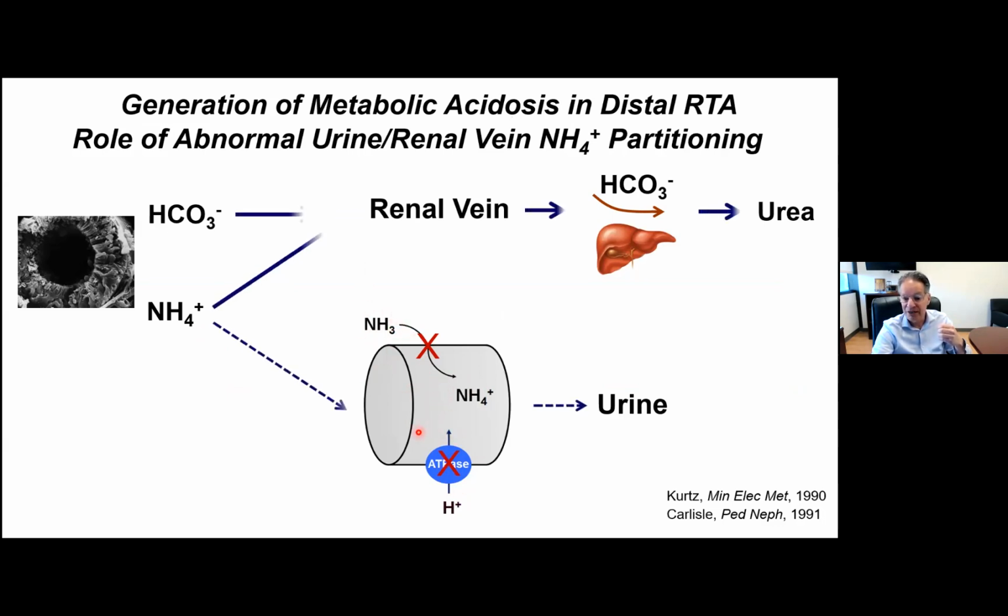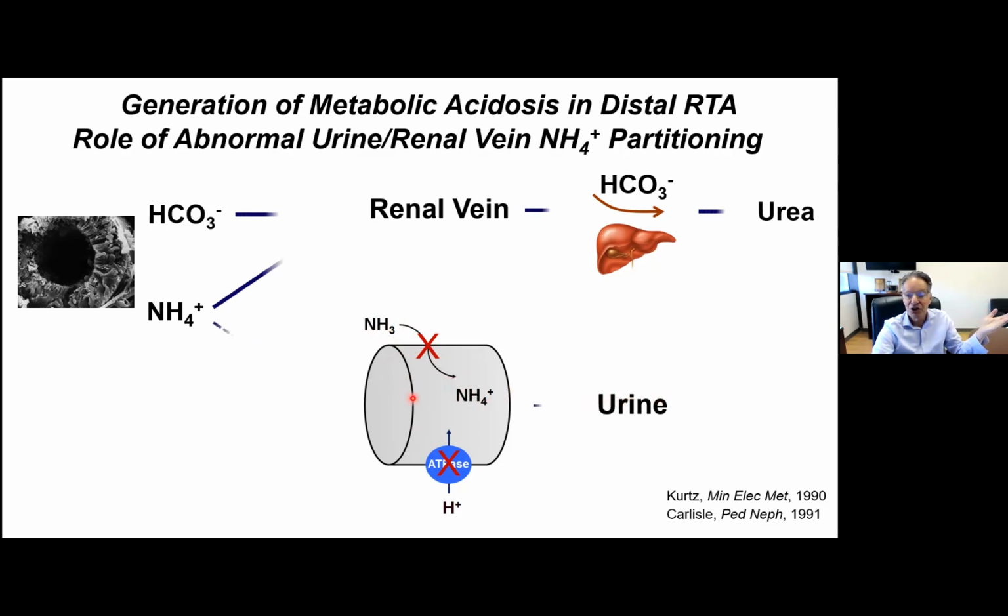It's the lowering of the NH3 here by conversion into NH4 that keeps this NH3 concentration low, thereby creating a gradient from the outside in for NH3 to continually enter. If you allow the NH3 to go up here to too great an extent, you just stop this process. Even though the Rh proteins are fine, you don't have the concentration gradient anymore for NH3 to enter. And so you don't have the same amount of total ammonia being excreted in the urine.